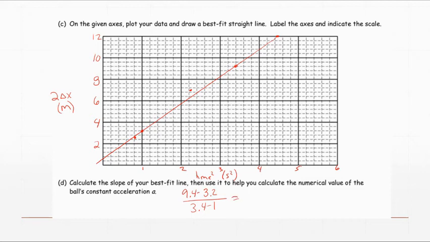I used different data in what I had, okay? But this is going to be 6.2 divided by 2.4. If I looked at that, I actually used 6 divided by 2.2, and I end up getting somewhere around 2.7 meters per second squared. So that's how you would graph this type of question, okay?